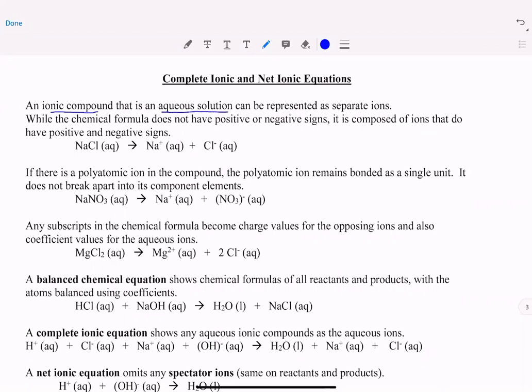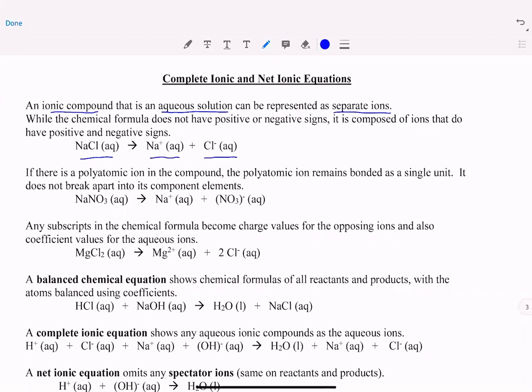You can write the ionic compound as separate ions. That was in the very first worksheet from today. So table salt, when dissolved in water, is NaCl aqueous. You don't actually have those ions as a unit. What you have are ions that you can't see anymore, Na plus and Cl minus.